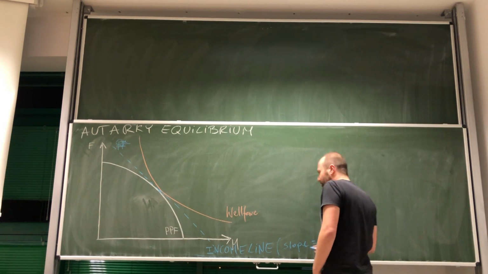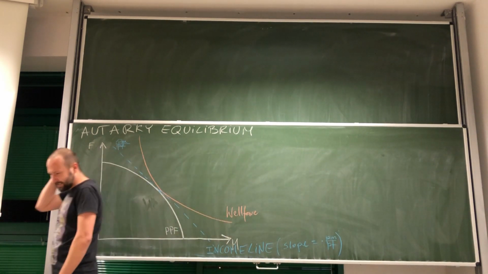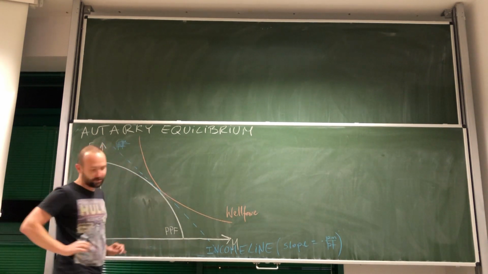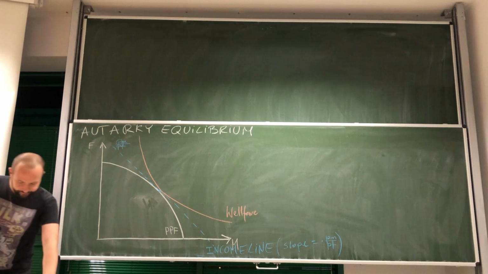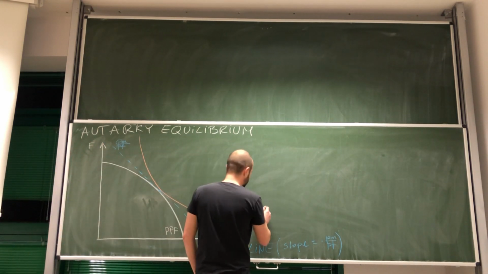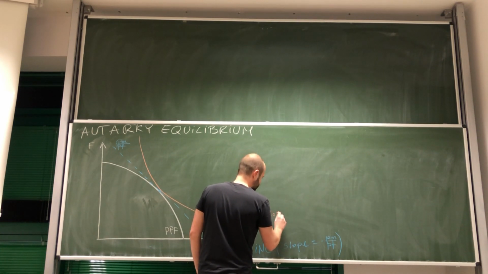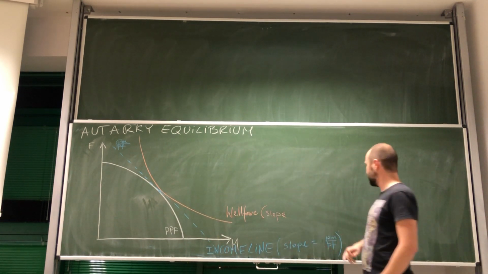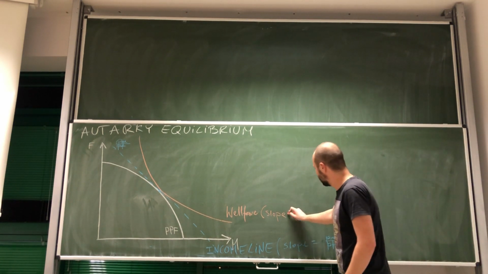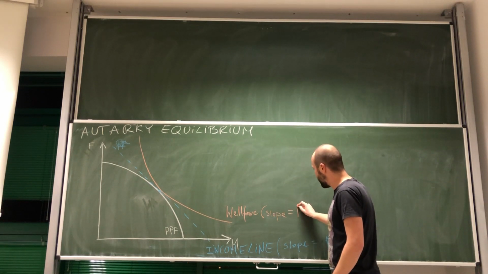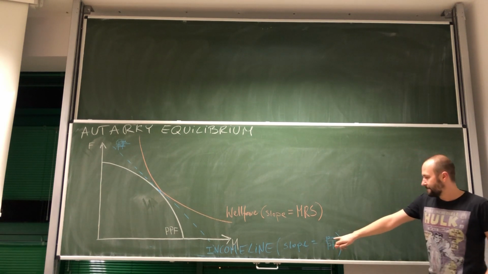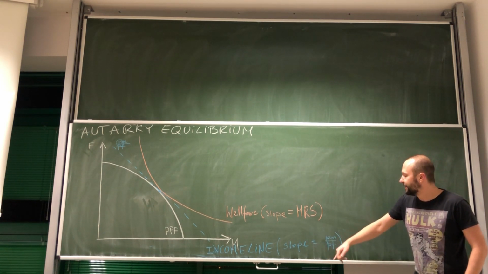We usually do not write this minus, but technically speaking, this is how it should be written. Now, what is the slope of the welfare line? Well, the slope of the welfare line is the marginal rate of substitution. And this is why I deleted this minus.